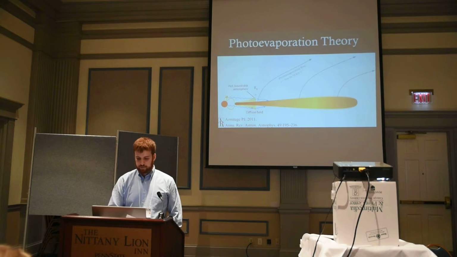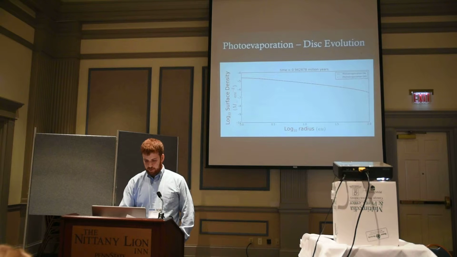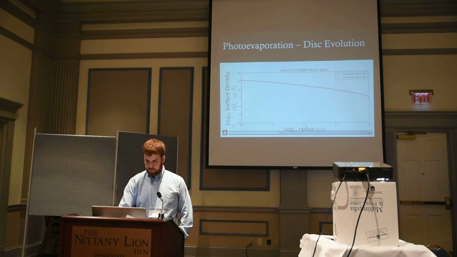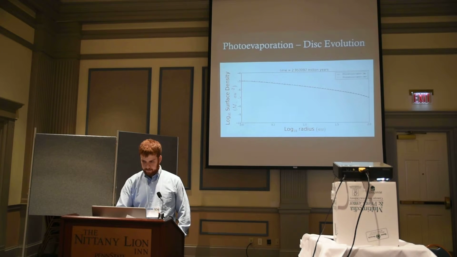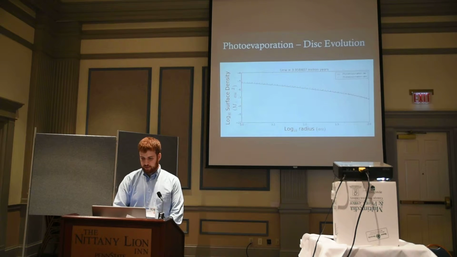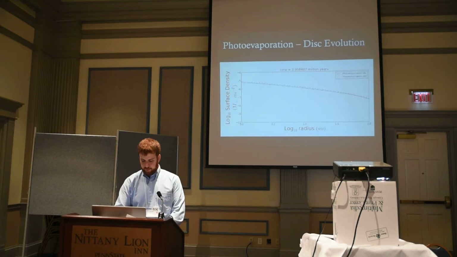All right, so I added this photoevaporation model to a planet migration simulator called Fargo, and this is log surface density versus log radius over time. Let's see how far along this video goes. Okay, so you can see the photoevaporation on simulation starting to diverge from the photoevaporation off simulation.